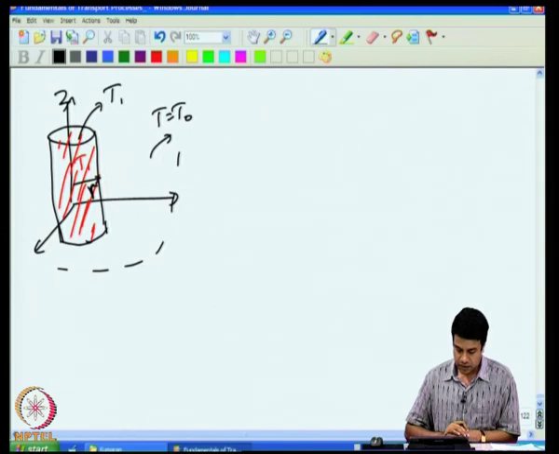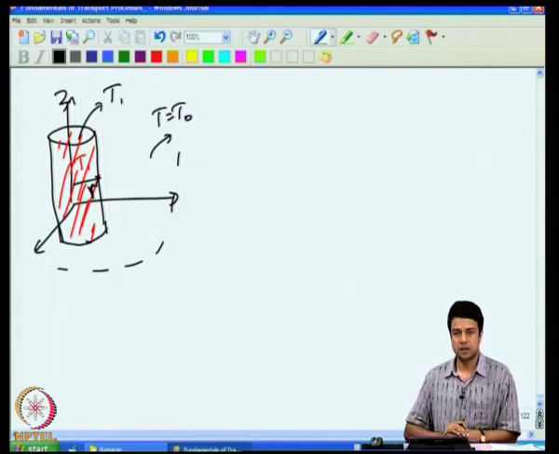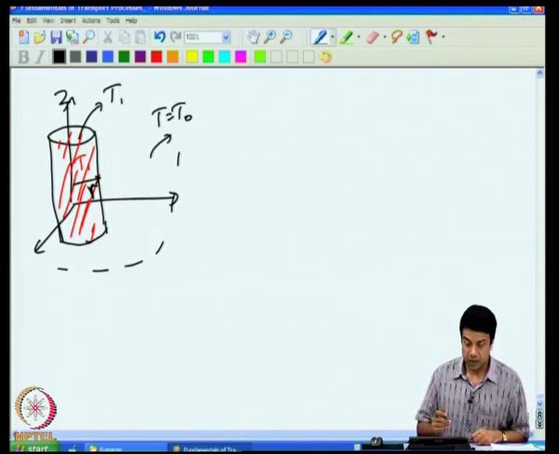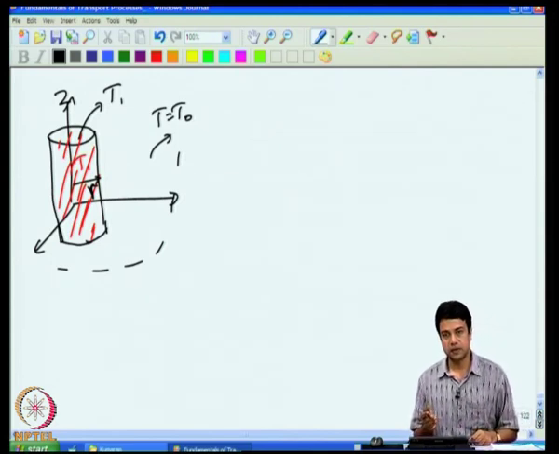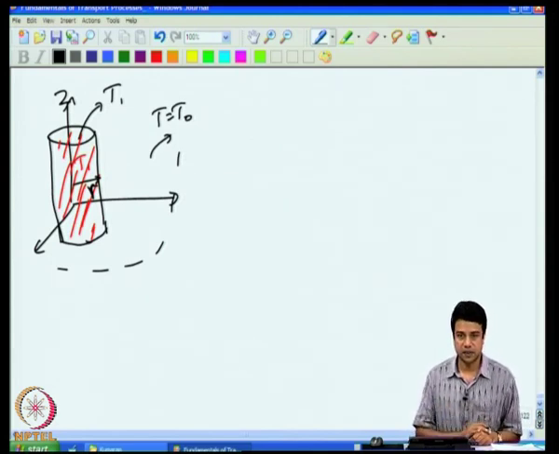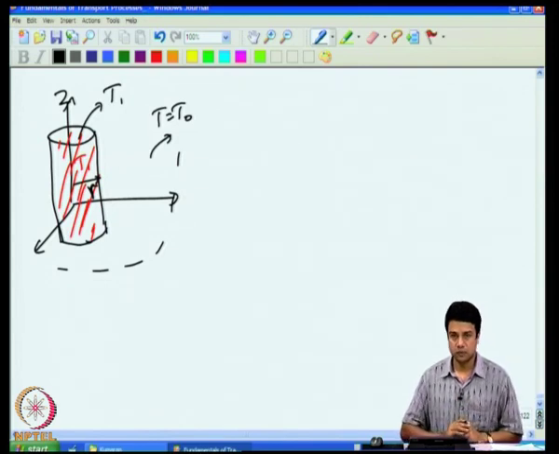So, what are the initial and boundary conditions for this problem? We have already seen what is the heat conduction equation for this problem. What about the initial and boundary conditions? As the equation is second order in space and first order in time, I require 2 boundary conditions and 1 initial condition.